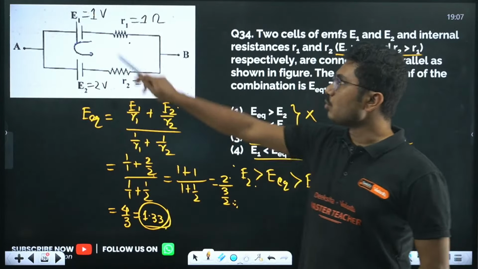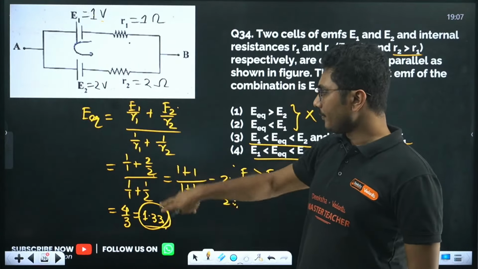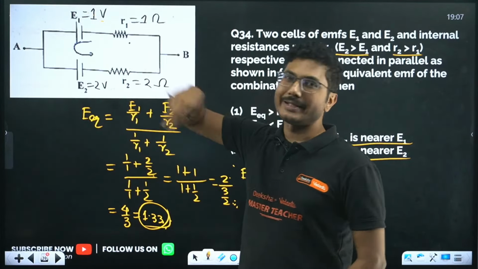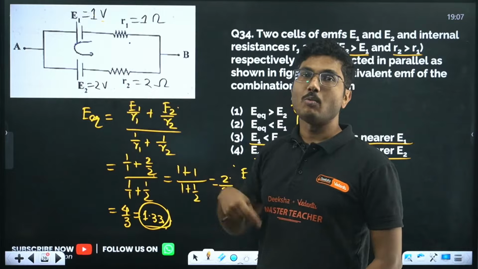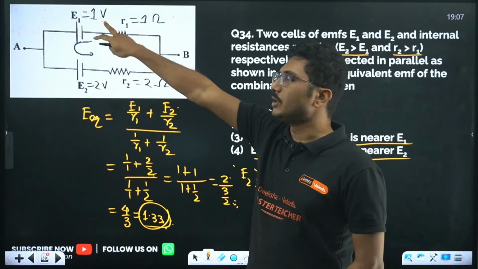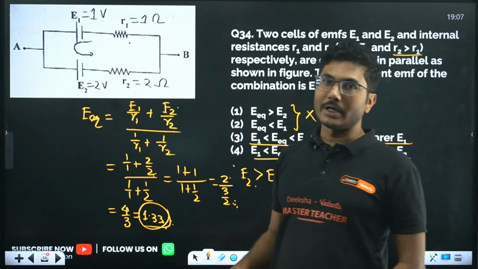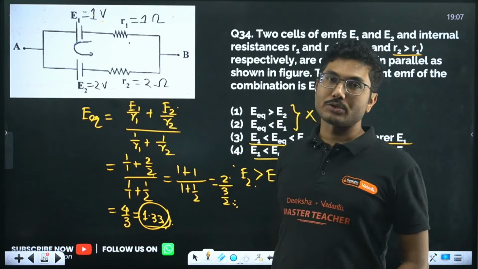So which value is it nearer to? 1.33 is closer to 1 or closer to 2? The difference between 1.33 and 1 is 0.33. Difference between 1.33 and 2 is 0.67. So definitely this is closer to E1. If the value was 1.67, then we can say this is closer to E2.